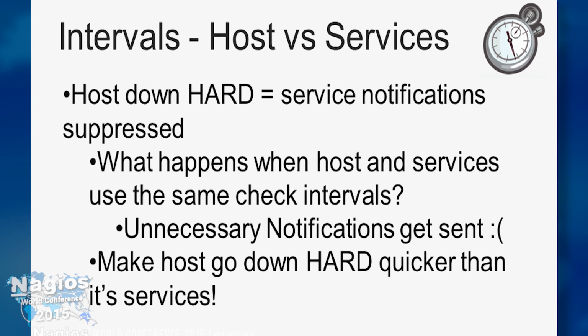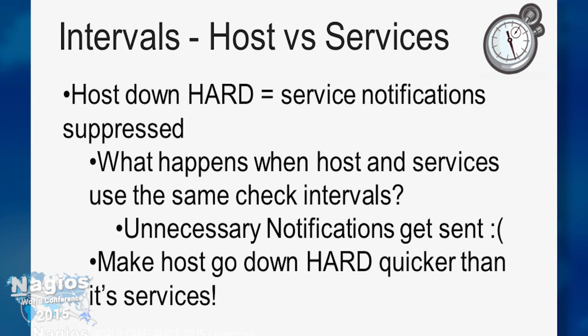One of the problems people get into is that with hosts and services, they will have the same intervals for all the host objects and all the service objects. Normally, the logic in XI or in Nagios Core is when a host goes down, suppress the services from doing work, or suppress the services from sending notifications.